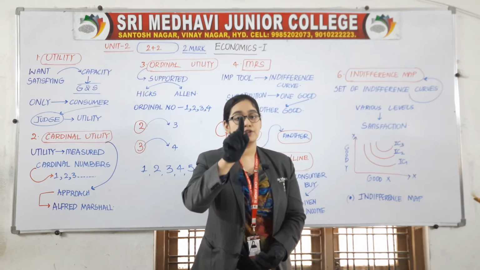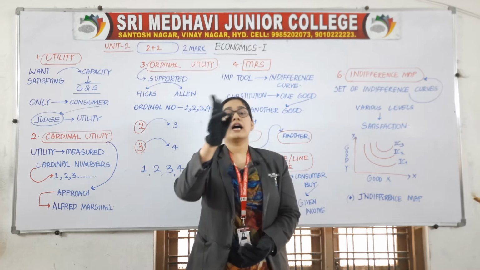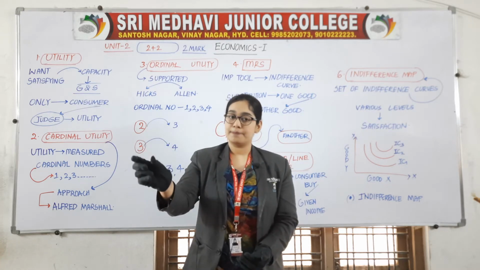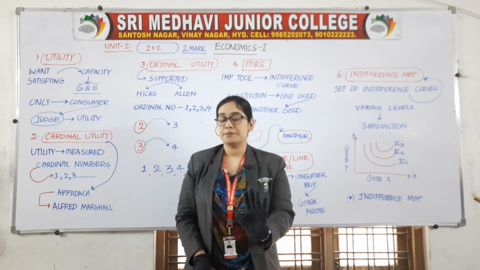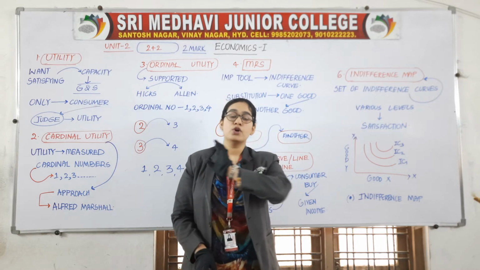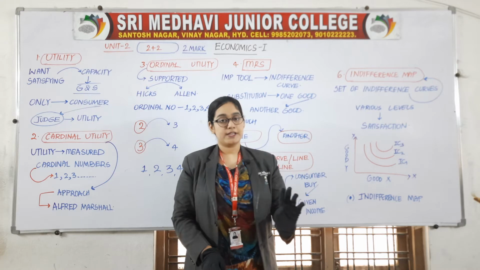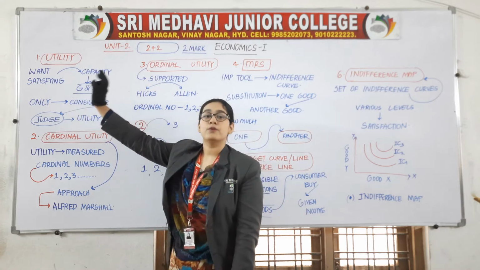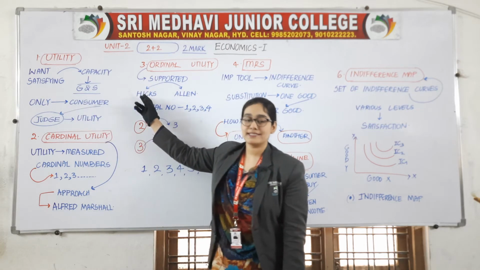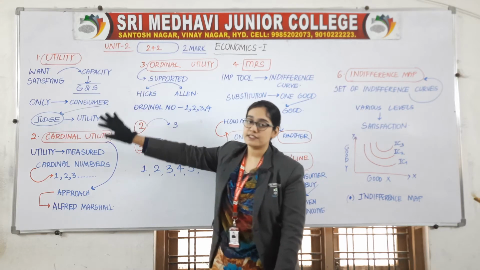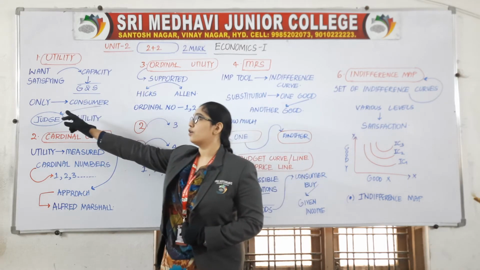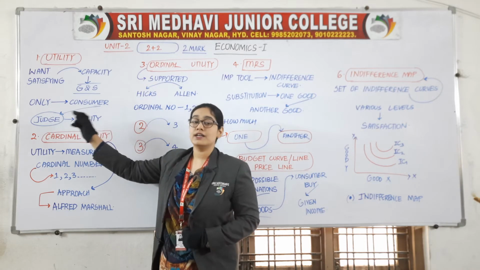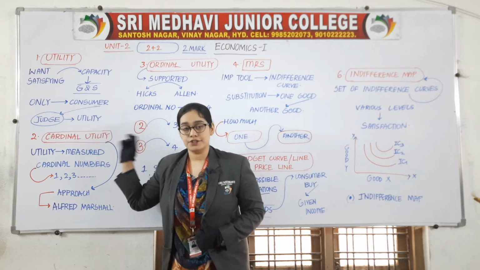So who are you? You are the consumer. What are you consuming? An apple. And what are you getting from it? Utility. That can be judged only by you, not by some third person. So what is utility? Want satisfying capacity of goods and services is known as utility. And only a consumer can judge the utility.